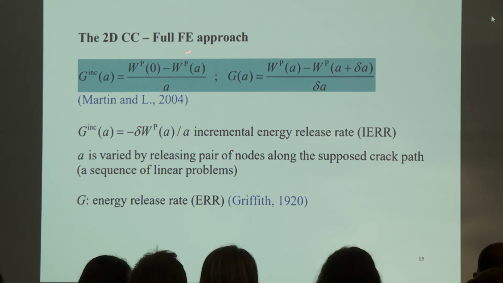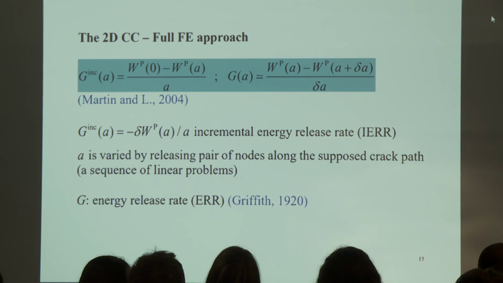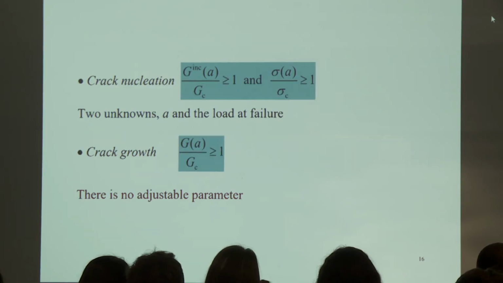It's possible, releasing pair of nodes after pair of nodes, to construct this potential energy as a function of the crack length, and then this term G incremental of A, and we can also in the same way calculate G of Griffith, the energy release rate. So remember, it's very convenient to use dimensionless parameters. Here, these are the conditions for crack nucleation, and this is the condition for crack growth.